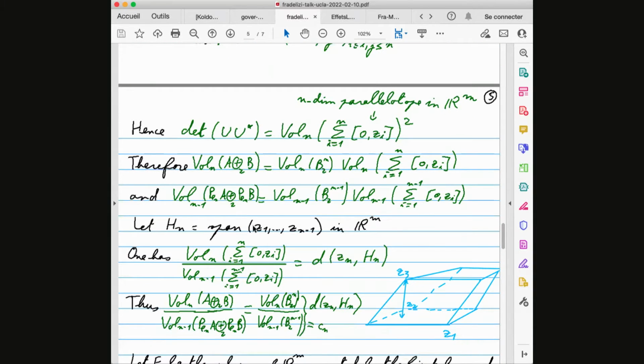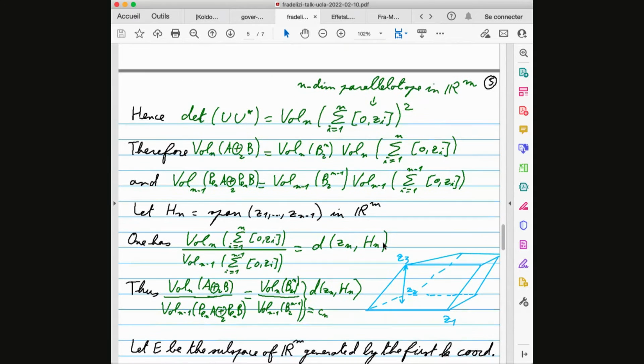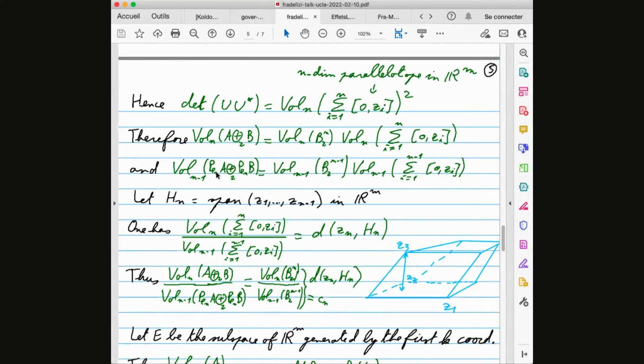And now if I introduce the span of these vectors Z1, ..., Z(n-1) in Rm, the big vector space, what I am looking at, you remember, was the quotient of the volume of the L2 sum of A and B divided by the n-1 volume of the L2 sum of the projections. So I just divide these two lines.